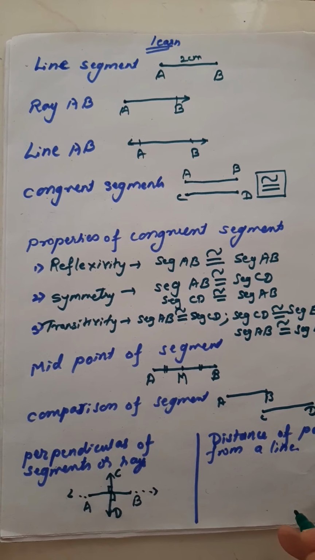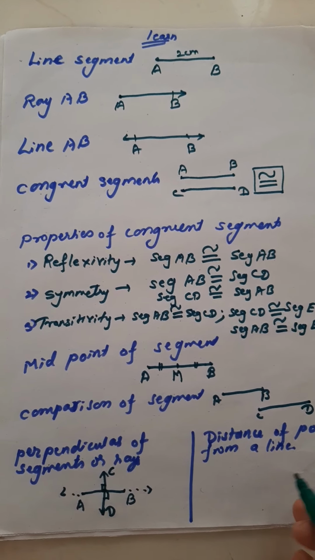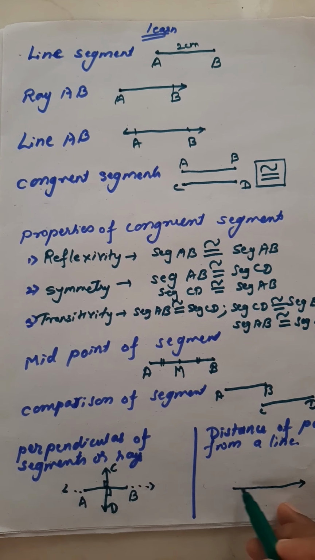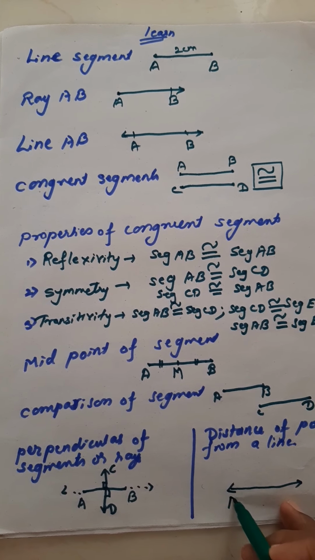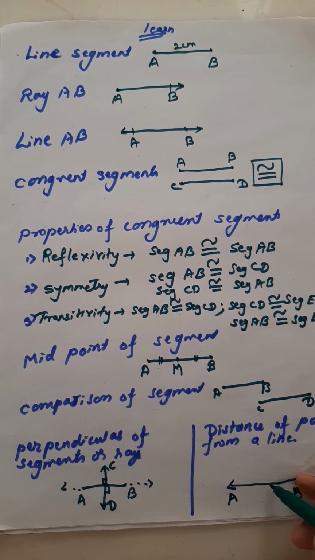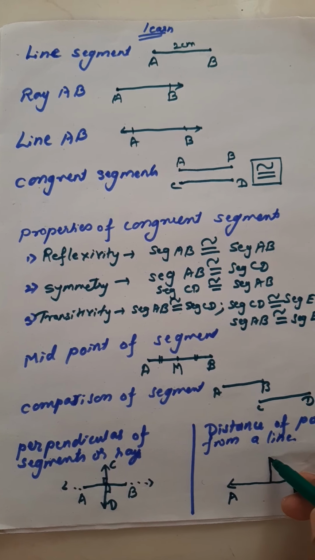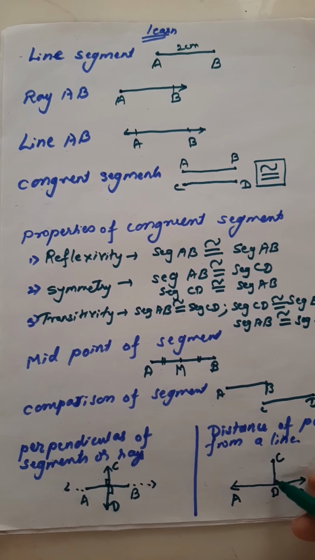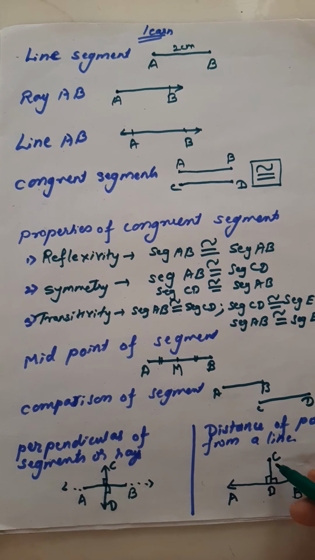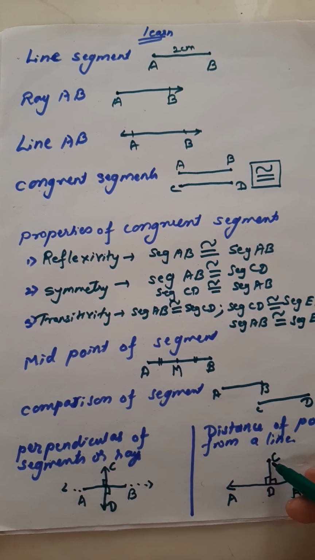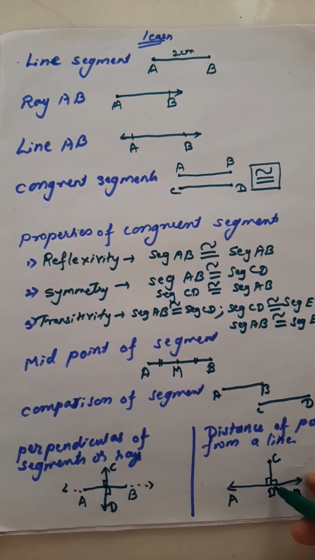Now next, it is distance of a point from the line. What do you mean by the distance of the point? For example, I will draw a line AB. Okay, now if we have taken the point C here, D, then it is a 90 degree angle. Point C which we have taken above. What is the distance? We will find out.